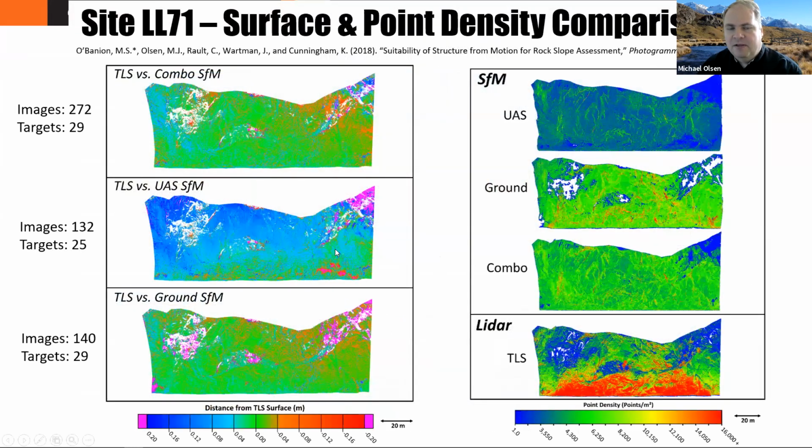So one of the aspects that we did is we looked at different technologies, and we looked at using structure from motion, multi-view stereophotogrammetry, compared with terrestrial laser scanning. And so these are some results of some different comparisons.